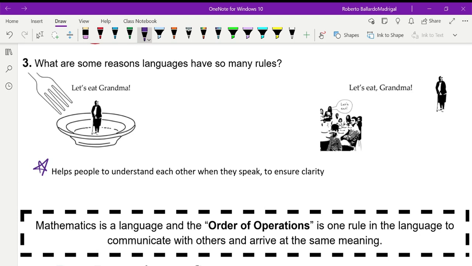I forgot to delete that from earlier. Once again, the reason why languages have so many rules is for clarity purposes, to get your message across.